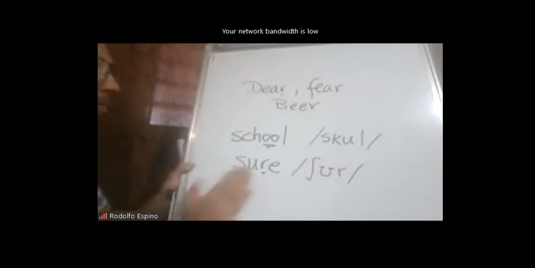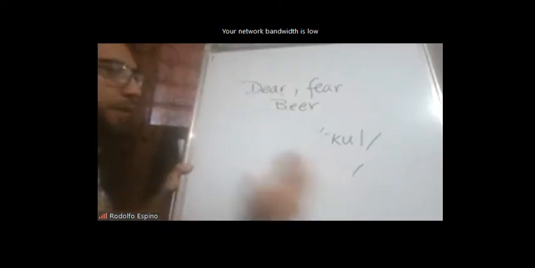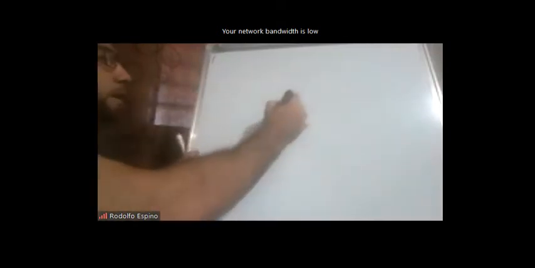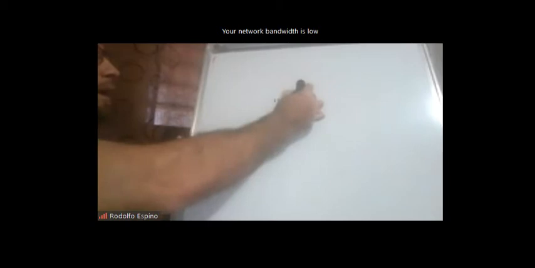Okay, I'm going to give you another tip in pronunciation and also in transcription. Okay, there is an E in spelling that usually occurs at the end of some words.